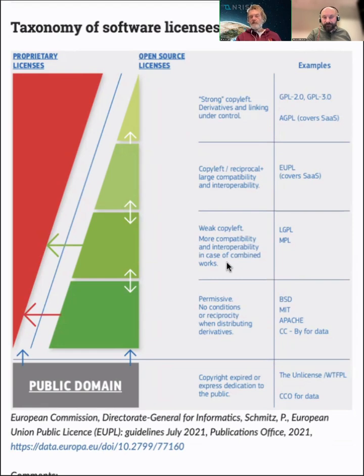But there is a very interesting link from the weak copyleft to proprietary licenses, because the difference between weak and strong is worth mentioning: LGPL and also the Mozilla license, which is MPL. There you can have a library that's licensed under LGPL, so everything you do to the library itself has to be public or open source.